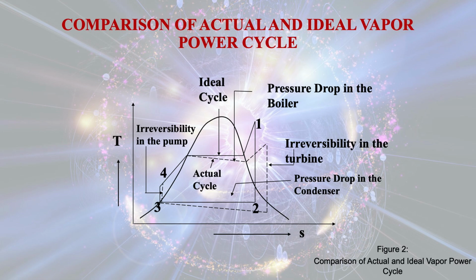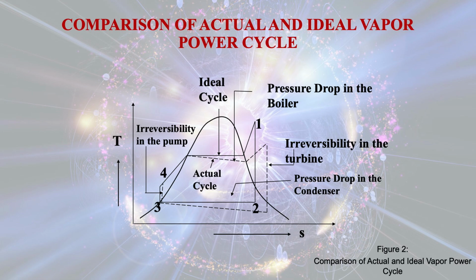You see that in the boiler there is pressure loss, in the condenser there is pressure loss, and due to the irreversibilities in different components of the steam power plant, we get less work output in the turbine, and we have to put more work into the pump.